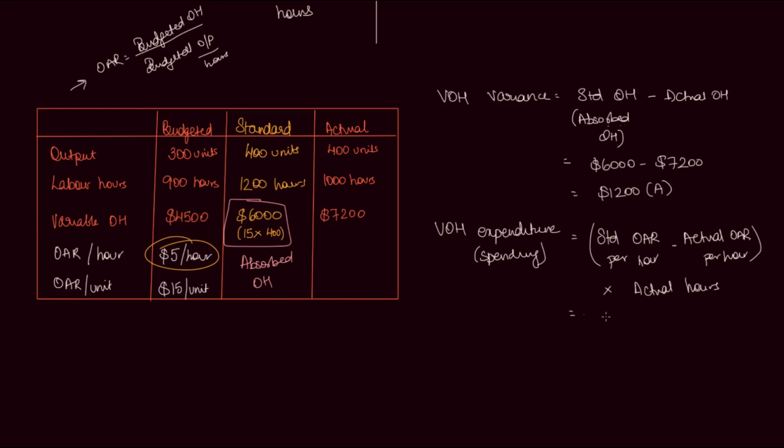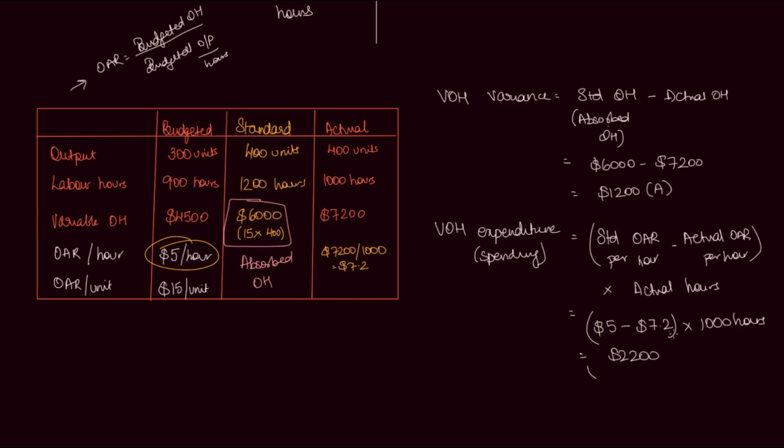So $5 minus the actual overheads paid per hour. We can do that: $7,200 divided by 1000 hours, $7.2 per hour. We'll be using that. So $7.2 will be multiplied with 1000 hours, the actual hours taken. When you do the calculation, you'll get a 2200 variance.